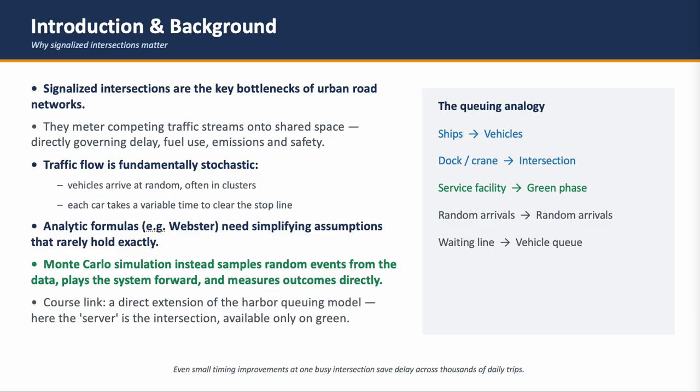Classic analytic formulas like Webster's can estimate average delay, but they rely on simplifying assumptions that rarely hold exactly. Monte Carlo simulation takes a different approach. Instead of solving an equation, we sample random arrivals and clearing times directly from the data, play the system forward in time, and measure what happens.